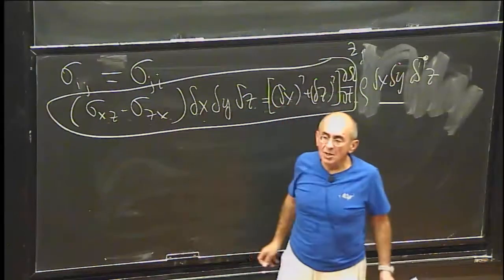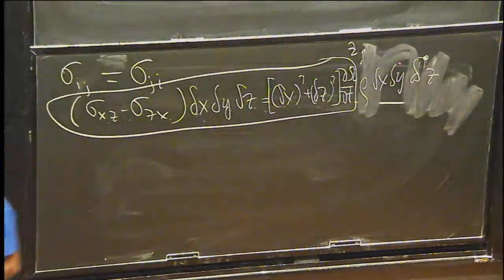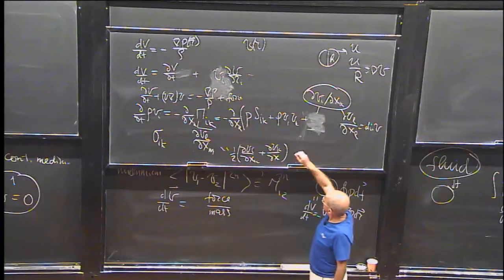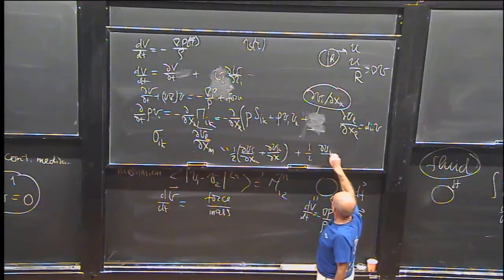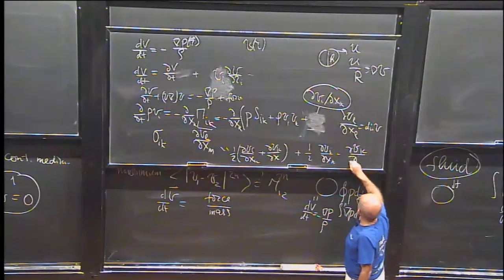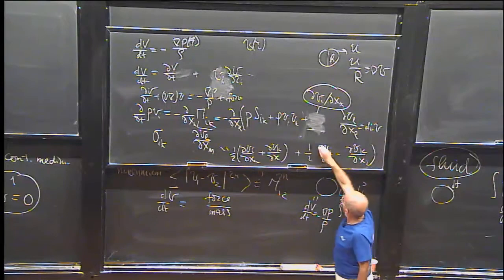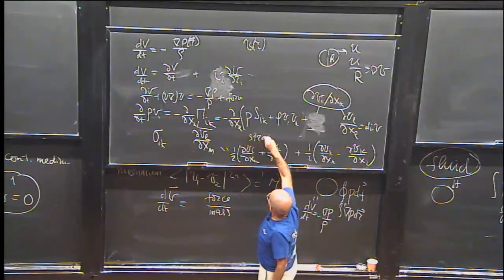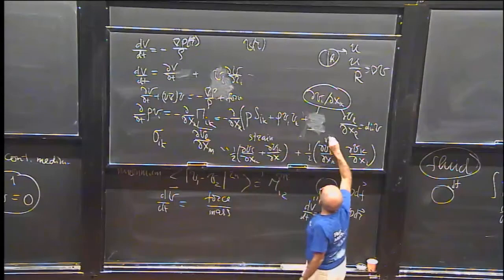Okay. Now I'm back to the right side of this, and I'm saying that I can also write it as an antisymmetric part. This is called strain or rate of strain sometimes, and this is called vorticity.